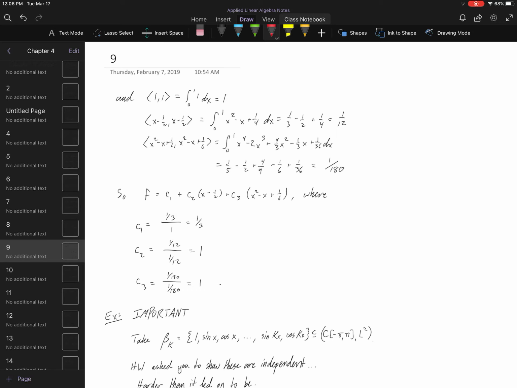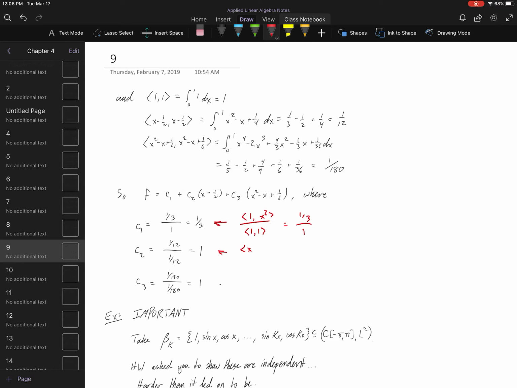So what we have to do then to compute these coordinates is to take the ratios between the two. In this case, this was 1 with x squared divided by the length of 1 squared. And this is exactly the computation from above. So it's the 1/3 divided by the 1.